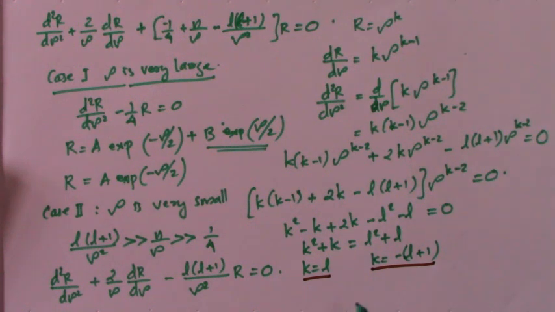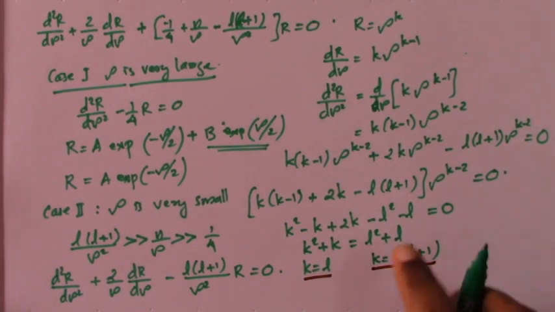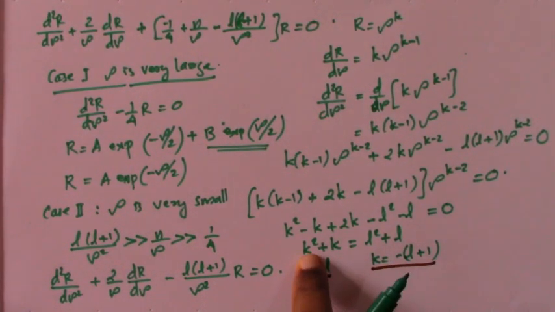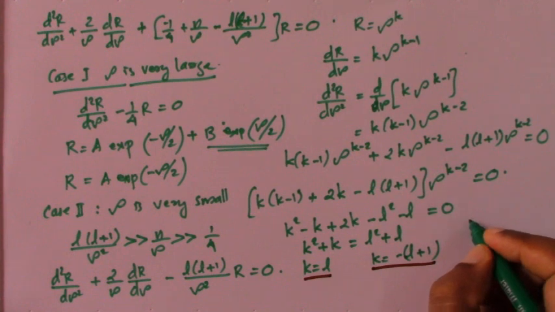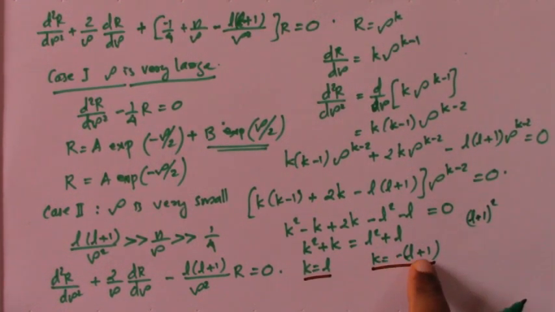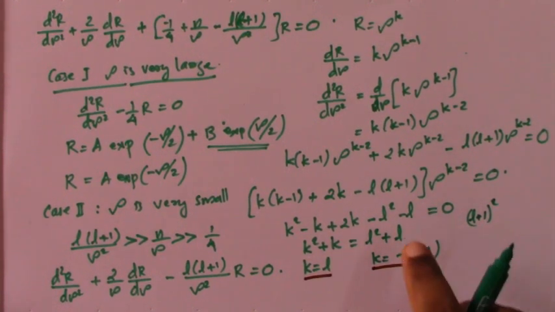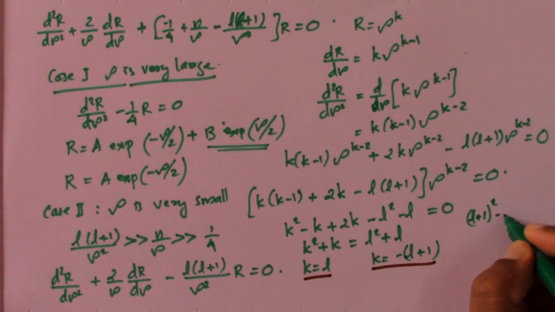And what about the other one, k equal to −(L+1)? If k is equal to −(L+1), our equation will be like (−(L+1))², which is equal to (L+1)² itself, plus k, that is −(L+1).